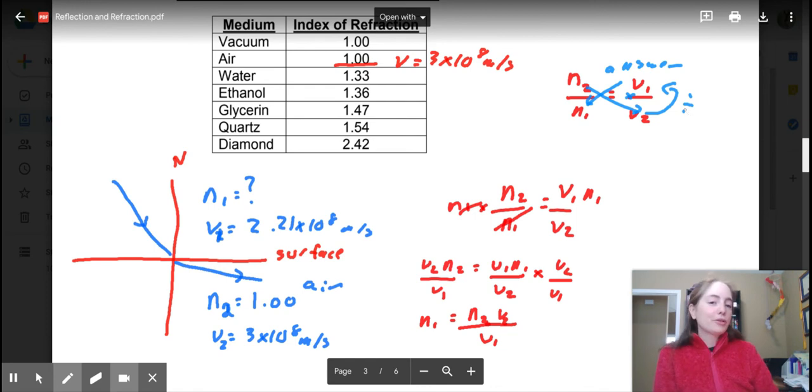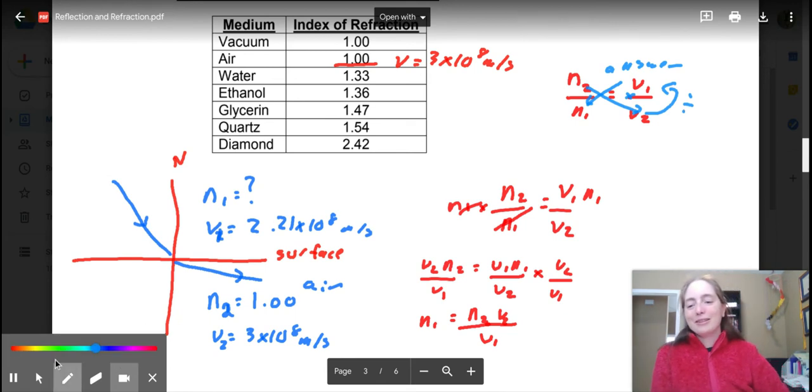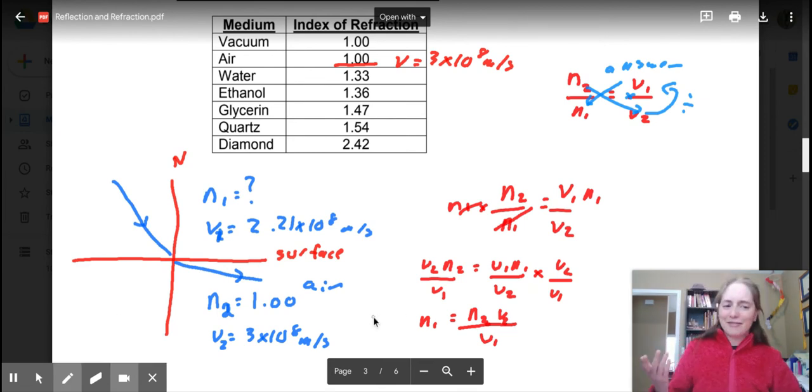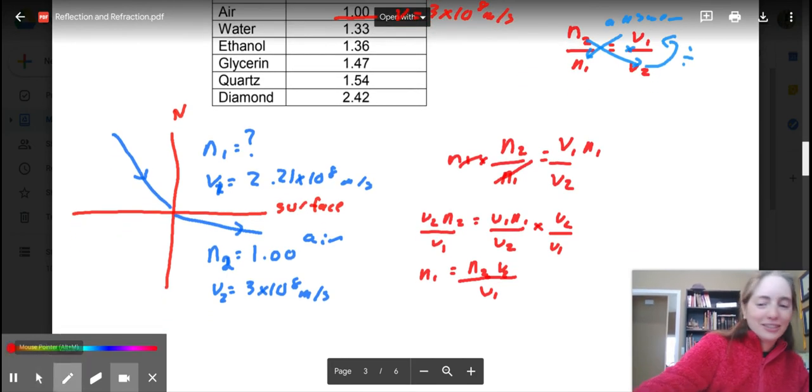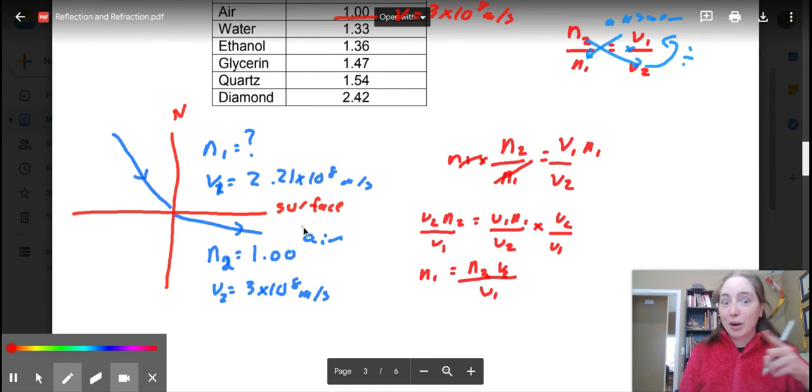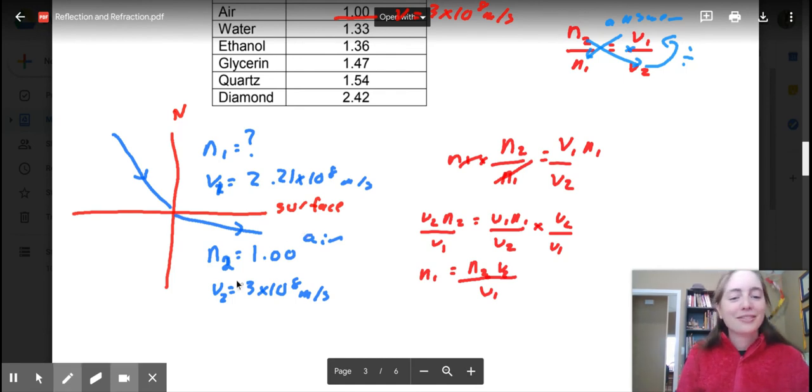So you are welcome to cross multiply and divide if you want. I will not deduct marks just because you are choosing to use a method that I've never liked. So we're reasonable about these things. So long as you show your work, make your work legible, and you're using proper math and physics rules, we're good.